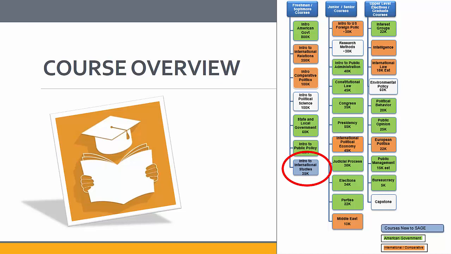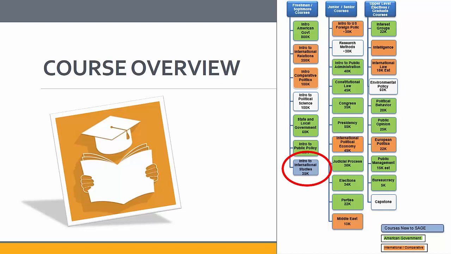So what do students learn in the International Studies course? Well, it takes an interdisciplinary approach to solving global problems. IS looks at a lot of the same issues as international relations, but instead of looking at them through theoretical lenses, international studies courses look at them from the points of view of various different disciplines like sociology, geography, and anthropology.